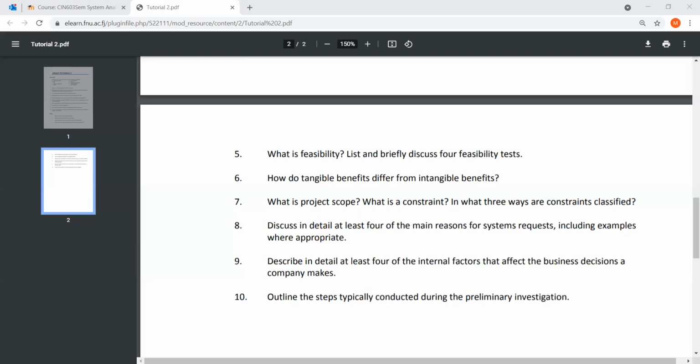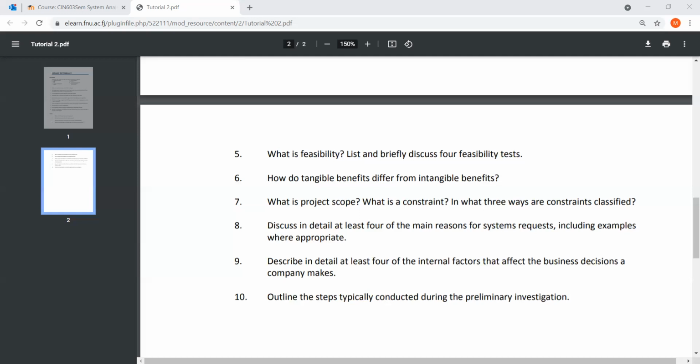First one is operational feasibility. Give a dash or a hyphen. It means that a proposed project, sorry, can you cancel out the word project and write down system?